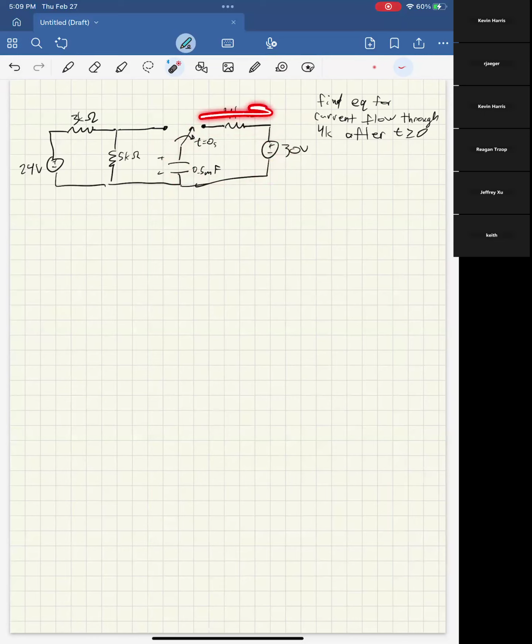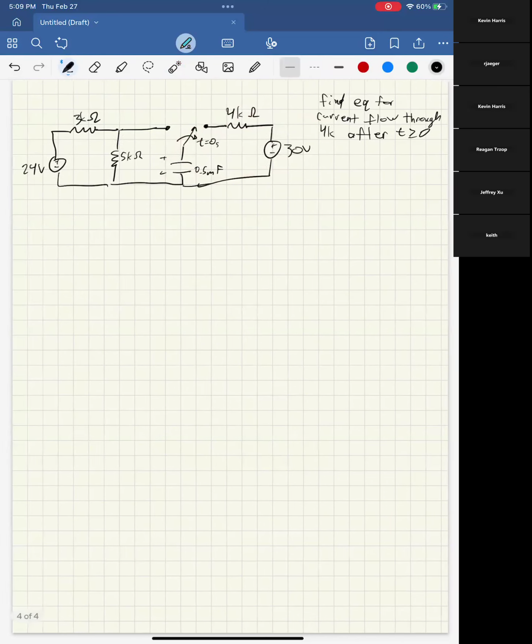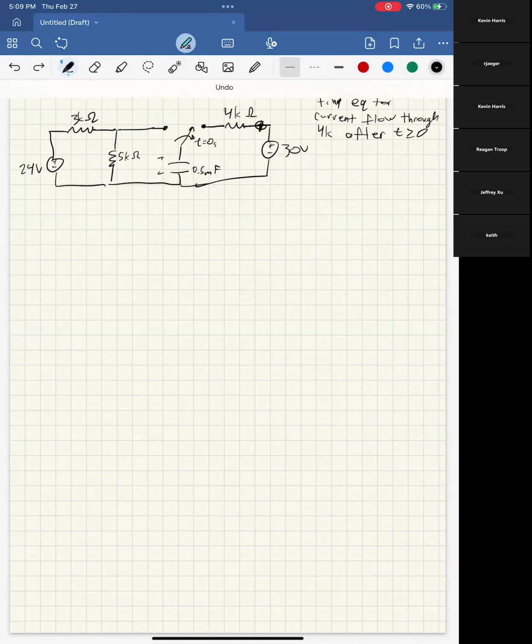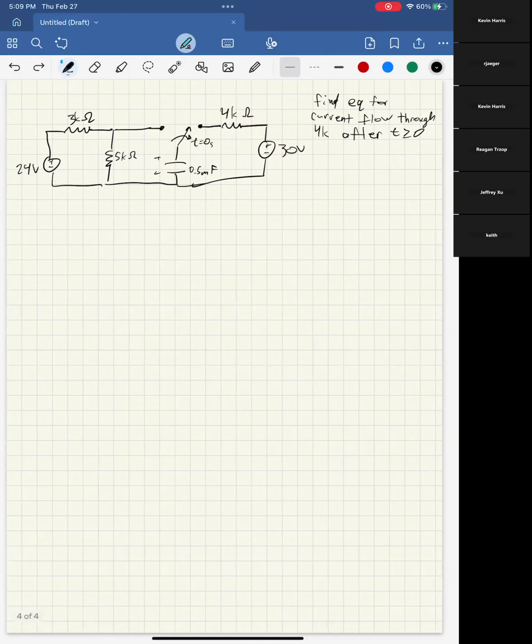Generally, it'll be the difference between the voltage here and here divided by 4 kilo ohms. So it'll be 30 volts minus VC of t over 4K.